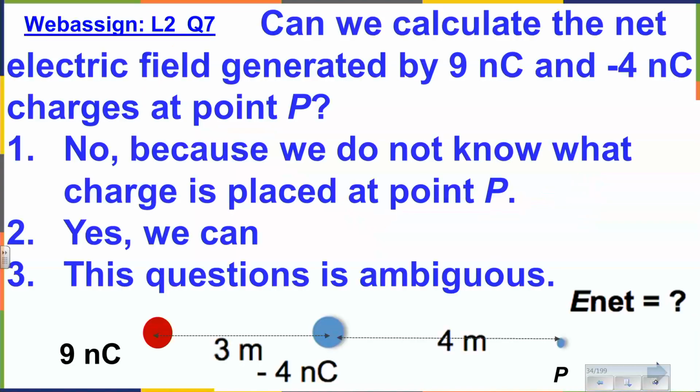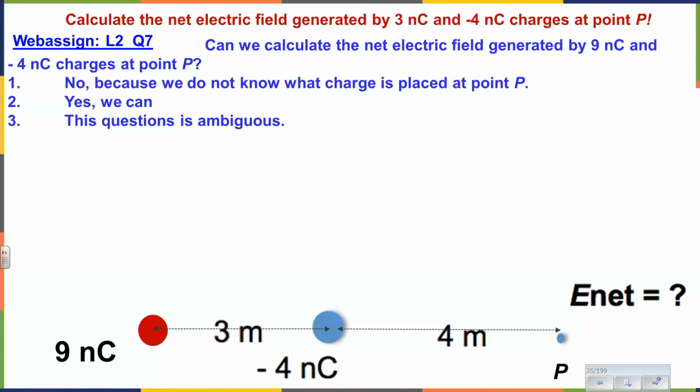What if we have 2 charges? Don't answer this question. So let's just do it. Now, each charge generates electric field.